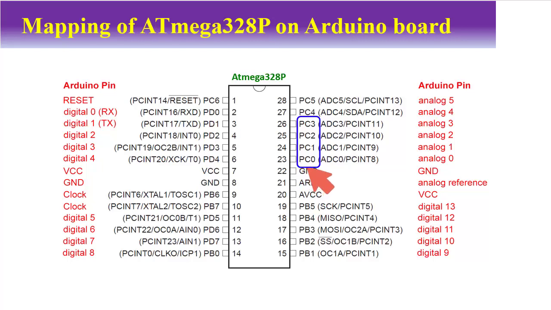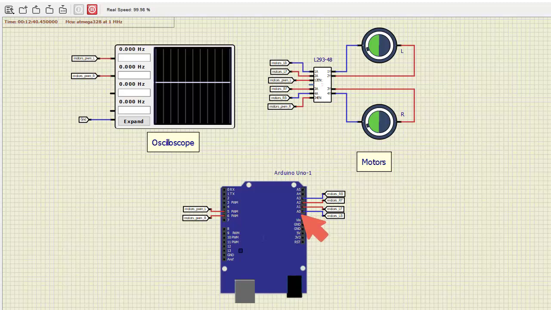Now where is this connection in the Arduino board? These 4 pins are connected with analog pins 0, 1, 2 and 3 of the Arduino. See these 4 analog pins of the Arduino, A0, A1, A2 and A3. These 4 pins are connected to the 1A, 2A, 3A and 4A pins of the L293D.